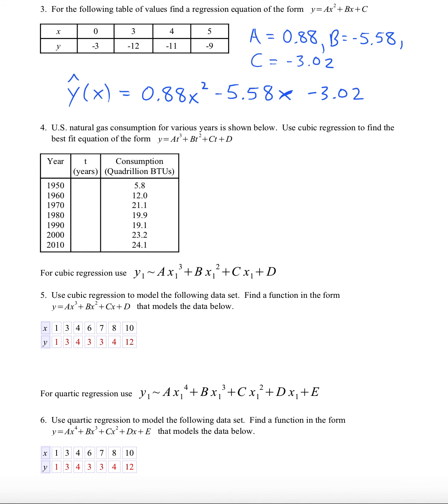Our regression curve becomes y hat equals 0.88x squared minus 5.58x minus 3.02. Let's check out the next data set.